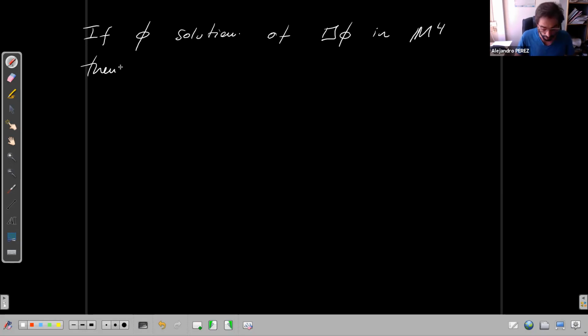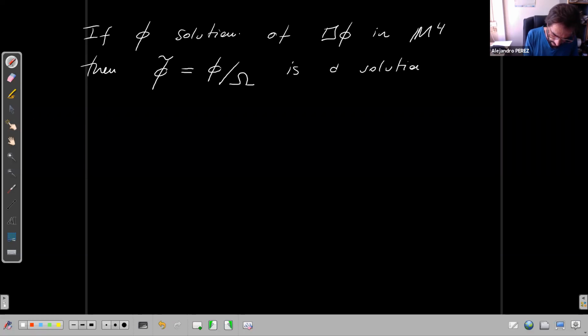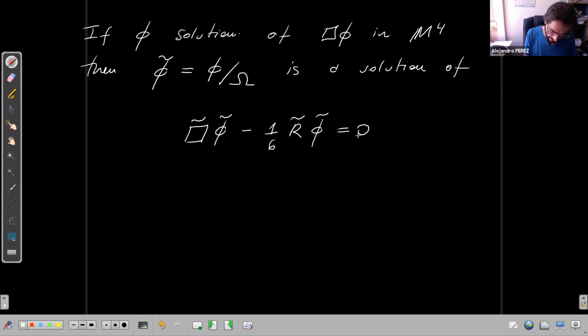By looking at how the Klein-Gordon equation transforms under conformal transformations, you find that phi tilde, defined as phi divided by omega, is a solution of the following Klein-Gordon equation: box tilde phi tilde minus 1/6 R tilde phi tilde equals 0, where box tilde means the... yeah, I should have written probably box bar.